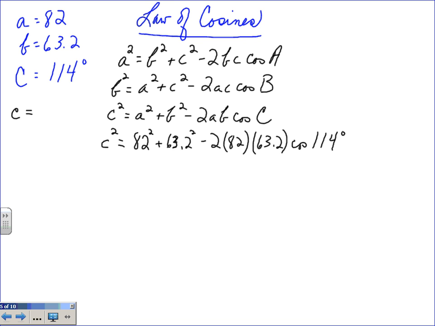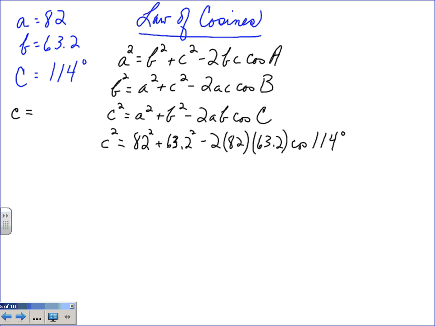Okay, so just 82 squared plus 63.2 squared, minus 2 times 82 times 63.2 cosine of 114.